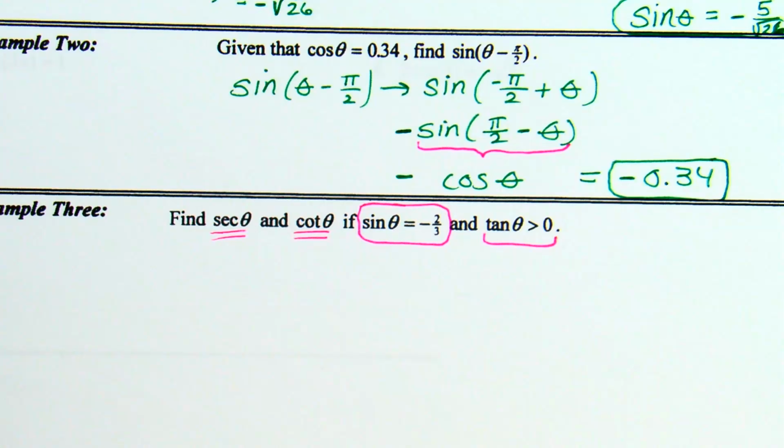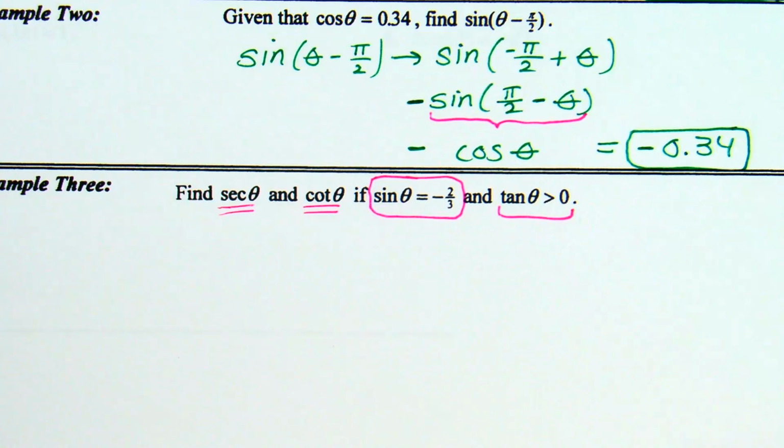I'm being asked to find secant and cotangent, and I'm given those two pieces of information. Start figuring out what direction you think you might want to go. I'm looking at my previous notes to decide. There's not just one right direction, though.